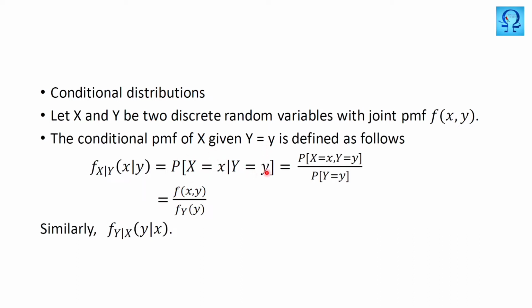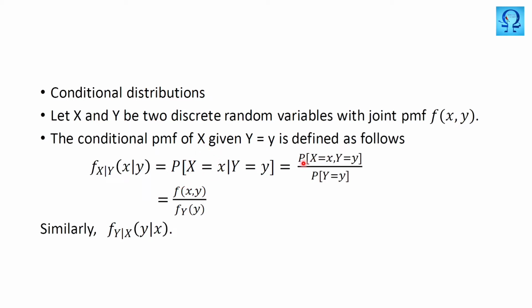The math teacher has come to the college or school. Under that condition, what is the probability that we are cancelling the class? This is one example that I have given you. In these kinds of situations, provided something has happened already, what is the probability of the other event happening?